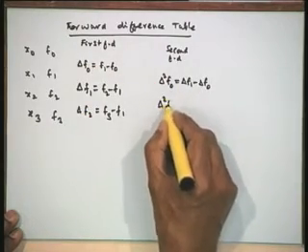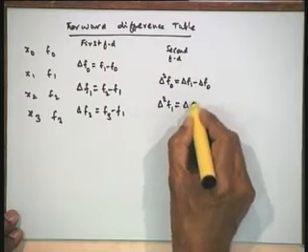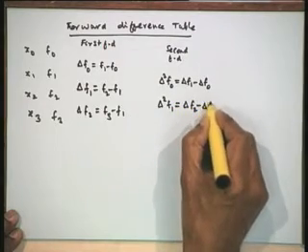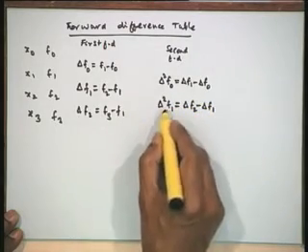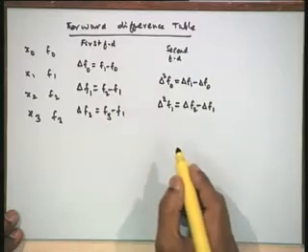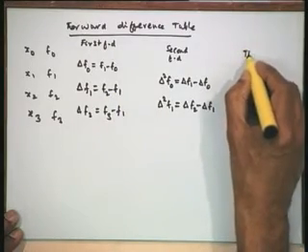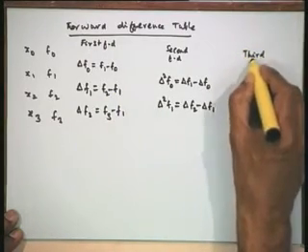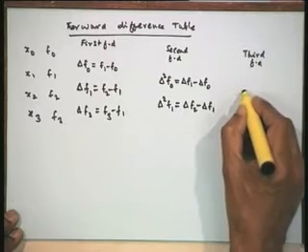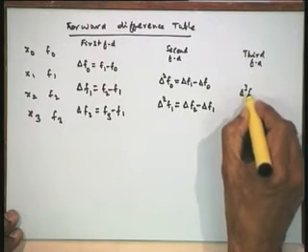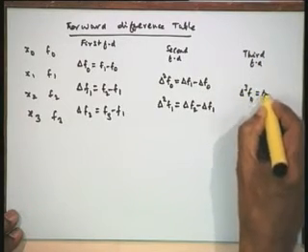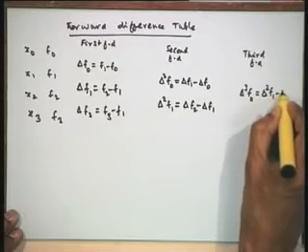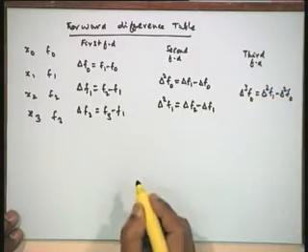This is delta squared f 1, that is delta f 2 minus delta f 1. So, delta squared f 1 is this minus this. Then I have the third forward difference here, and that is delta cubed f naught is equal to delta squared f 1 minus delta squared f naught.